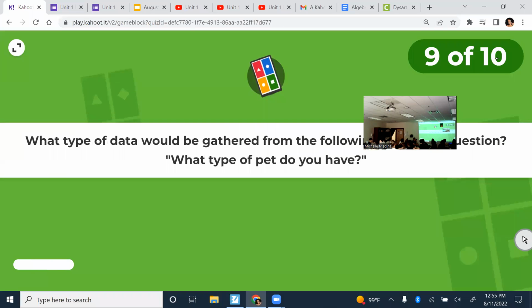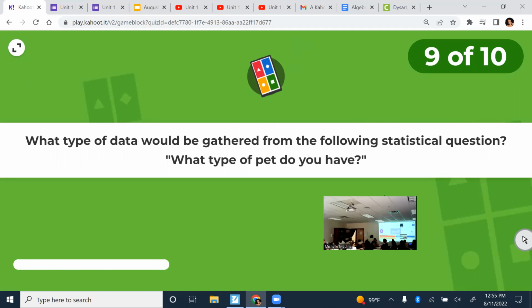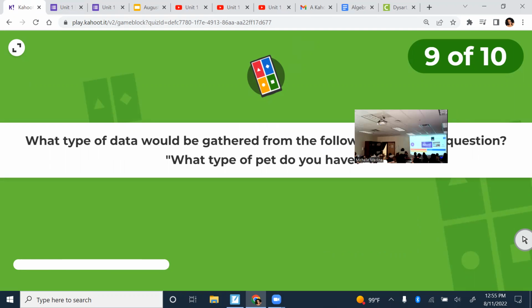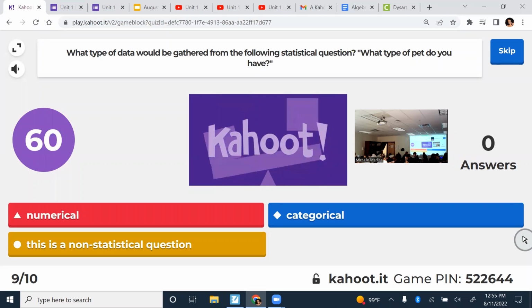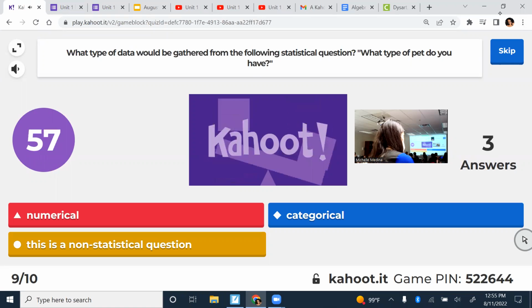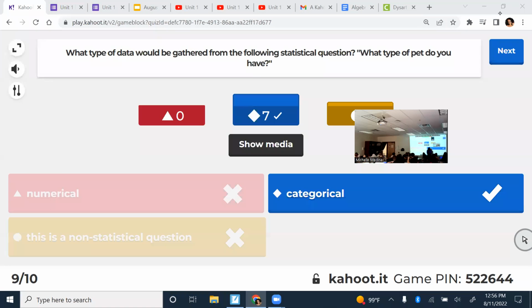All right, what type of data would be gathered from the following statistical question? What type of pet do you have? There are basically two main types of data.